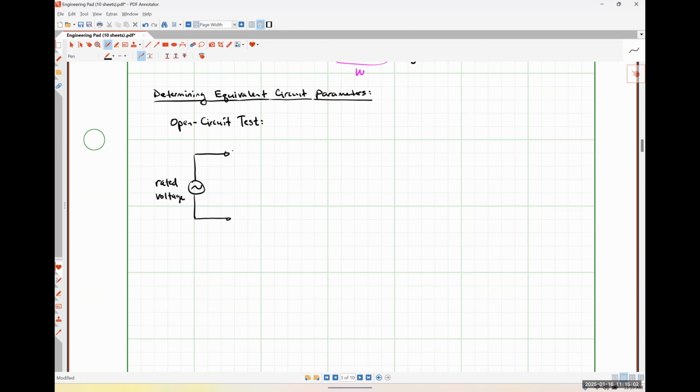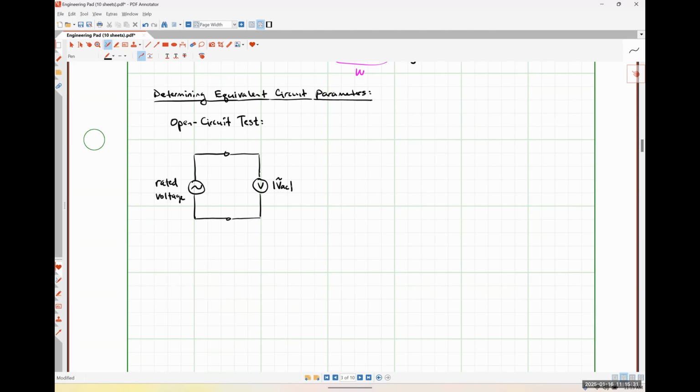The next thing that I am going to draw is effectively the measurement circuitry that's going on here, okay? So we are going to have a voltmeter, and so this is going to tell us the magnitude of some AC voltage.